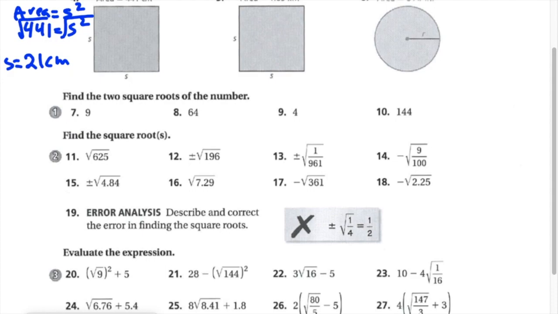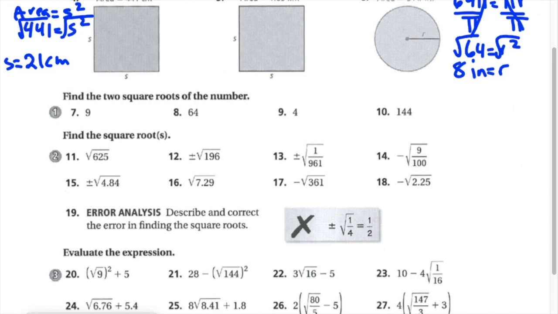Over here for my circle, my area of a circle is pi r squared. So again, I plug in 64 pi for my area, divide by pi on both sides to get 64 and r squared by themselves, and then I take the square root of both to get r is equal to 8 inches. So that's how we do those.